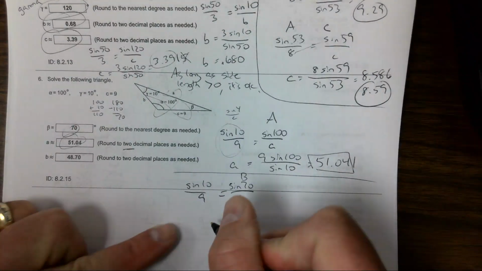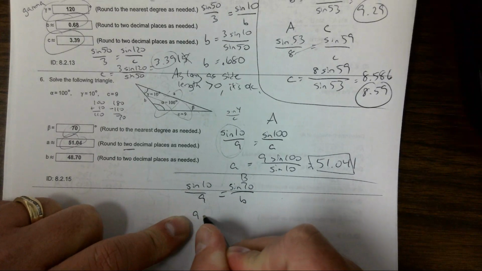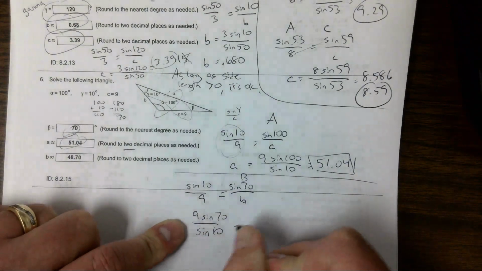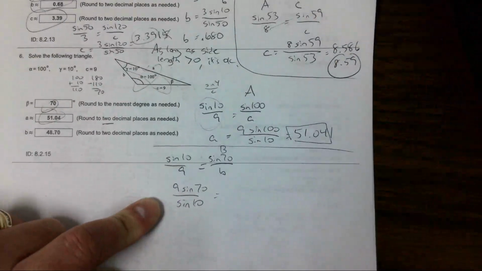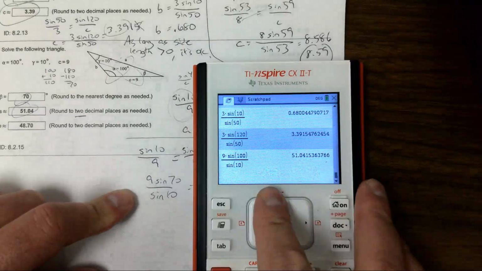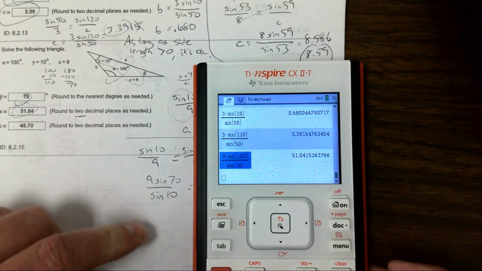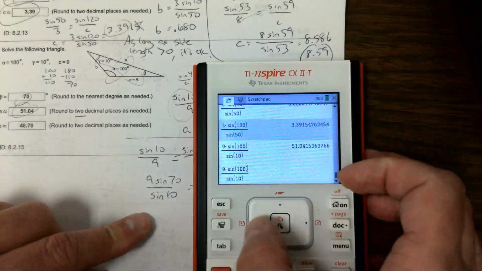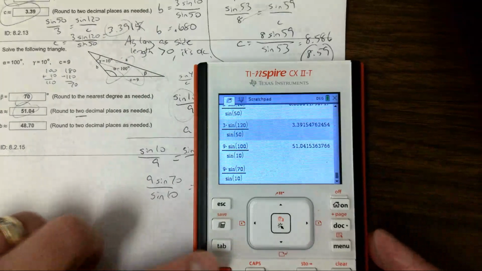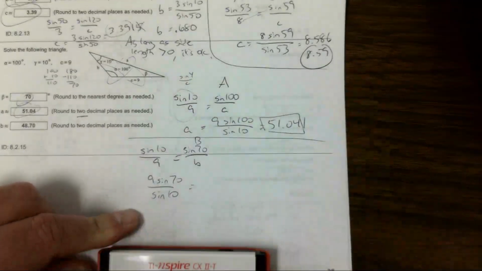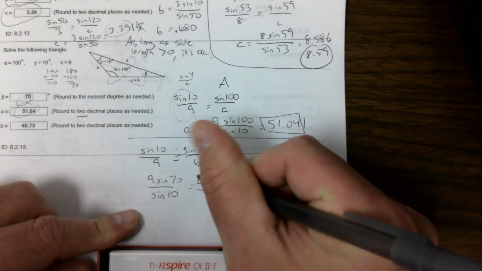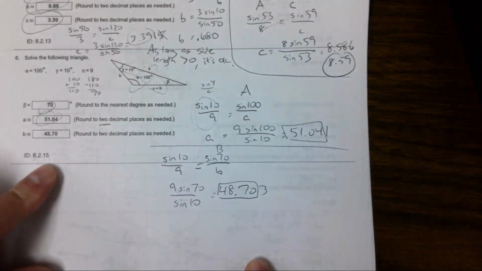So then cross multiply, we get 9 sine 70 over sine 10. Actually, if I want to be efficient or lazy, there it is, and change it. That's 48.703, and so 48.70, because we round down.